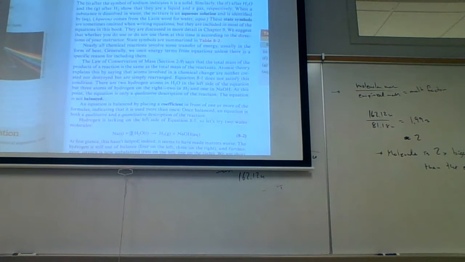So when we look at sodium, is sodium an ion? Sodium is not an ion. Sodium is a neutral element. There's no charge on it. Therefore, there's no metathesis. So let's skip metathesis.